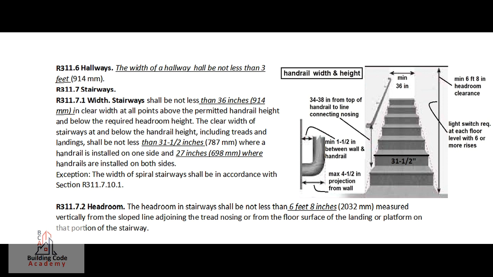The clear width of stairways at and below the handrail height, including treads and landings, shall not be less than 31.5 inches, 787 millimeters, where a handrail is installed on one side, and 27 inches, 698 millimeters, where handrails are installed on both sides. Exception: the width of spiral stairways shall be in accordance with Section R311.7.10.1.